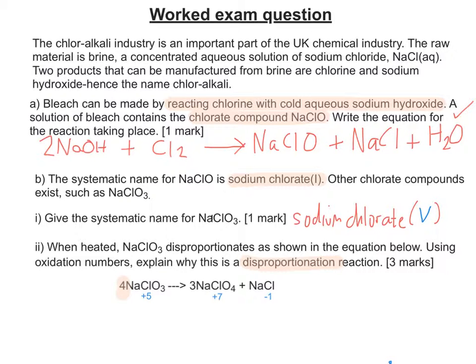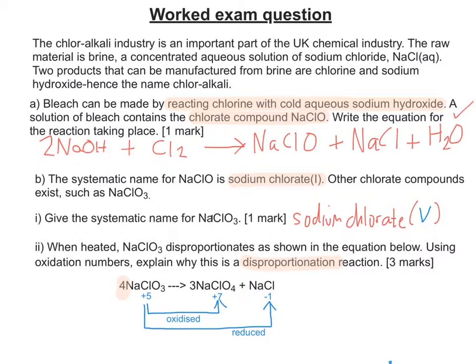If the chlorine goes from here to here, it's an increase in oxidation number of 2, so that means it's been oxidized. And if we now look at the same chlorine and move over to here, it's dropped quite a bit in oxidation number, so that must mean it's been reduced.